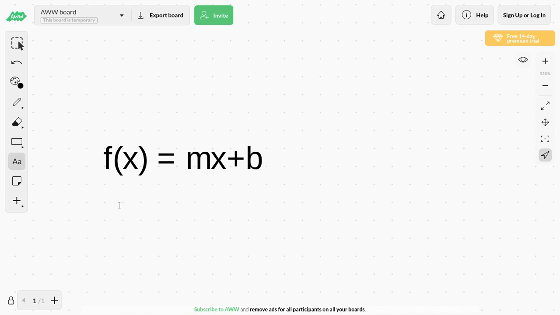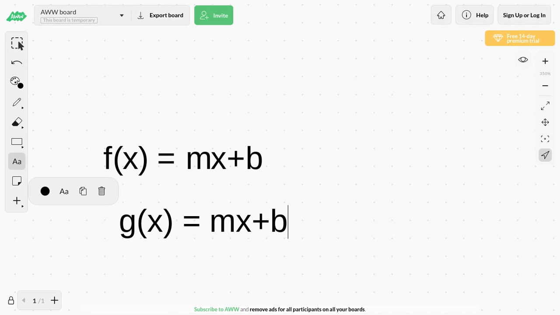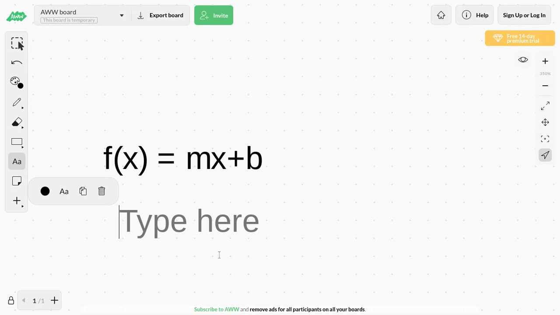But when you see something like g of x is equal to mx plus b, g of x is still y, but it's a different line. It's kind of like on your graphing calculator, y1 and y2 are different y's. So you could also write it as f of x and g of x. Okay? So that makes sense.